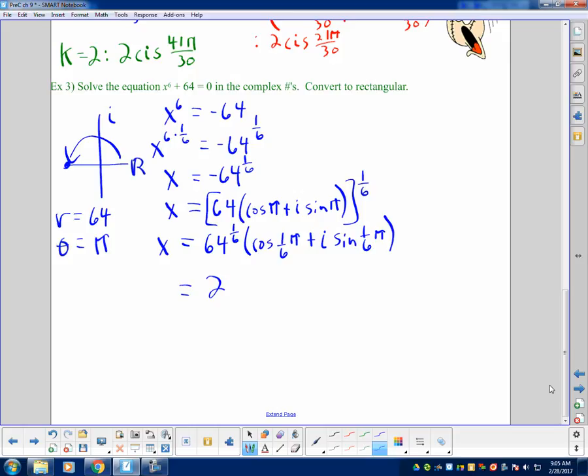Cosine pi over 6. Now, one thing I forgot to put in here is I should have plus 2 pi k. That actually might work out okay because it just makes it simpler. You can see the connection here between this and DeMoivre's theorem when you don't attach that. But let's go ahead and attach it now. Plus i sine of the same thing. Pi over 6 plus 2 pi k over 6.